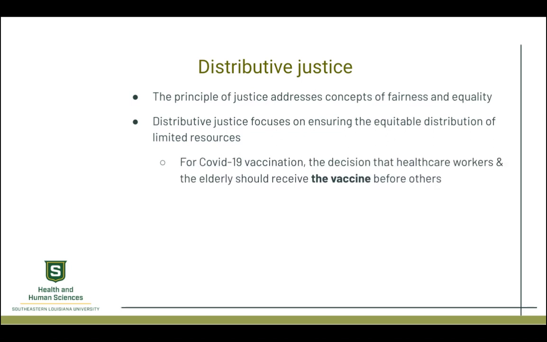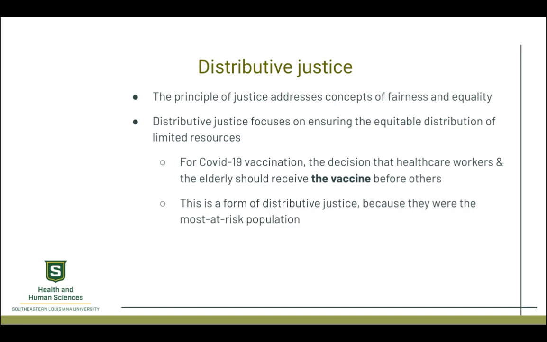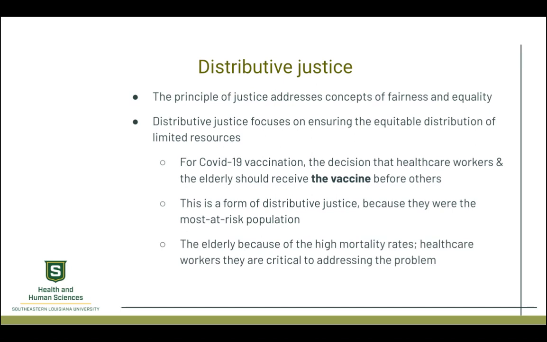An example would be in the COVID-19 vaccination, where a decision was made that healthcare workers and the elderly would be the first batch of people or population to receive the vaccine before everybody else. And this is an example of distributive justice, because this population were considered those most at risk. This is because the elderly had the highest mortality rate.